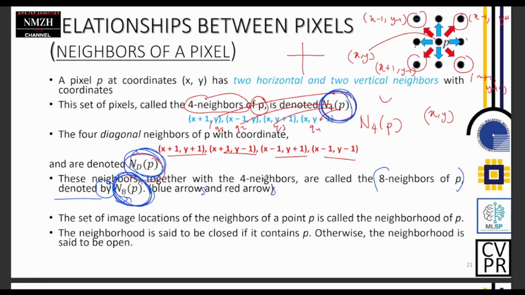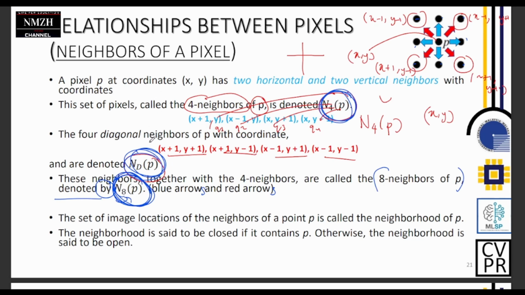It means the combination of the 4 neighbors of P and the 4 diagonal neighbors of P. So now we know we have N4(P), ND(P), and N8(P).